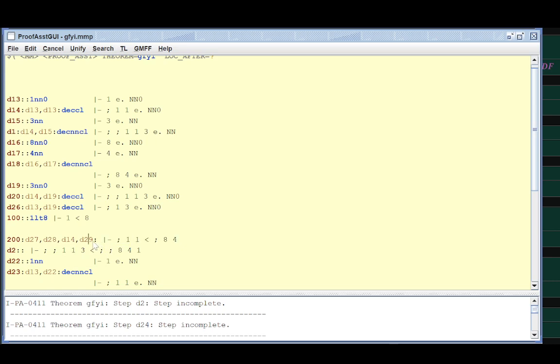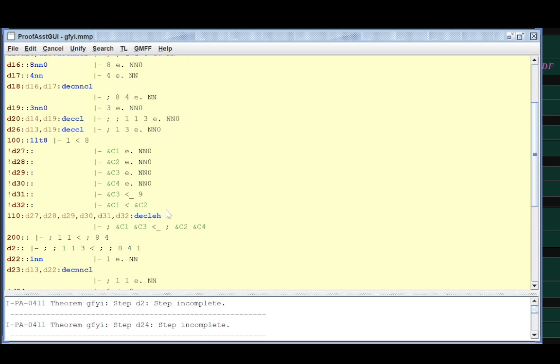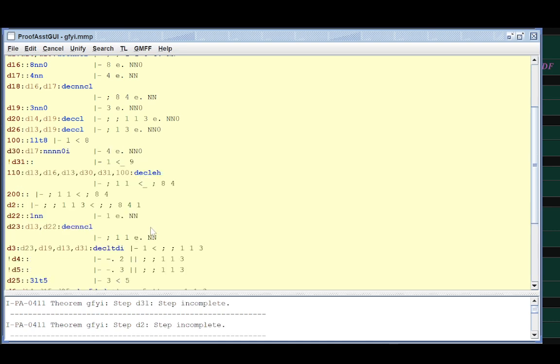We don't want this. So what if I wanted 11 is less than 84? We just need 1 is less than 9, but I think that's not going to be too difficult to do. Right, so that should fold that in.